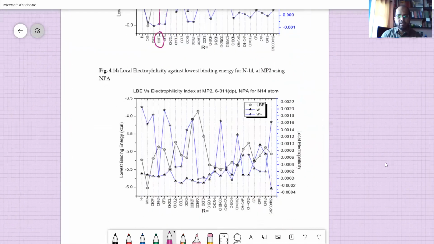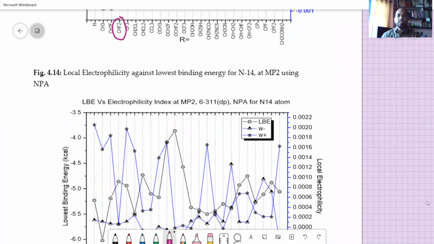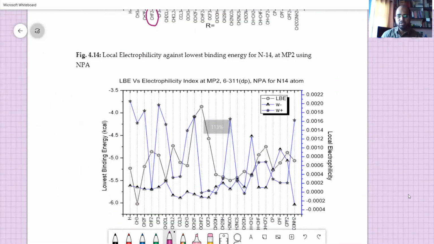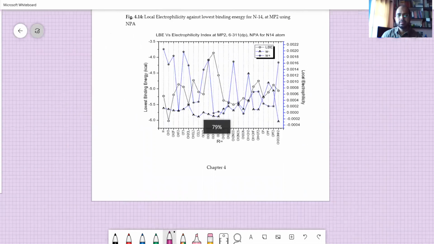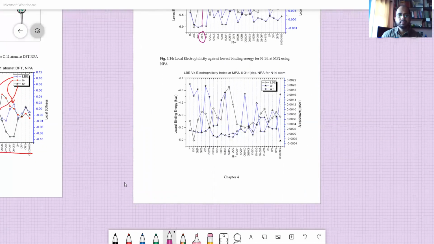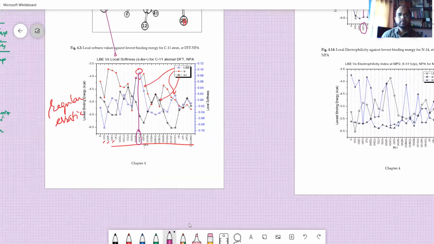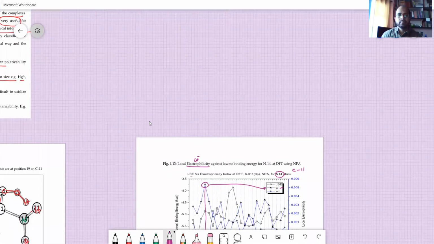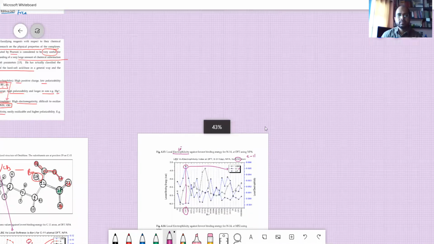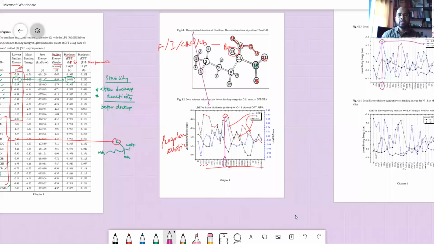And likewise, we have calculated the local electrophilicity index against the binding energy for M40 using the MP2 level. The earlier level was using the DFT level. There are so many other values that I have not inserted.